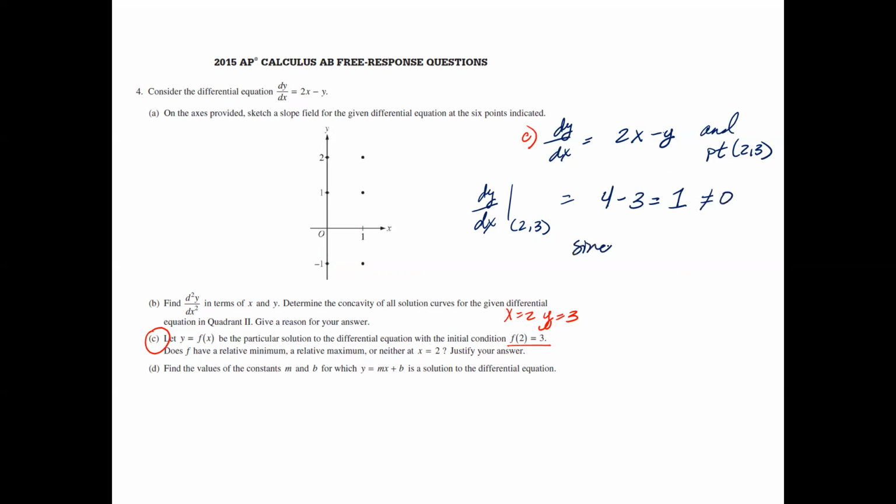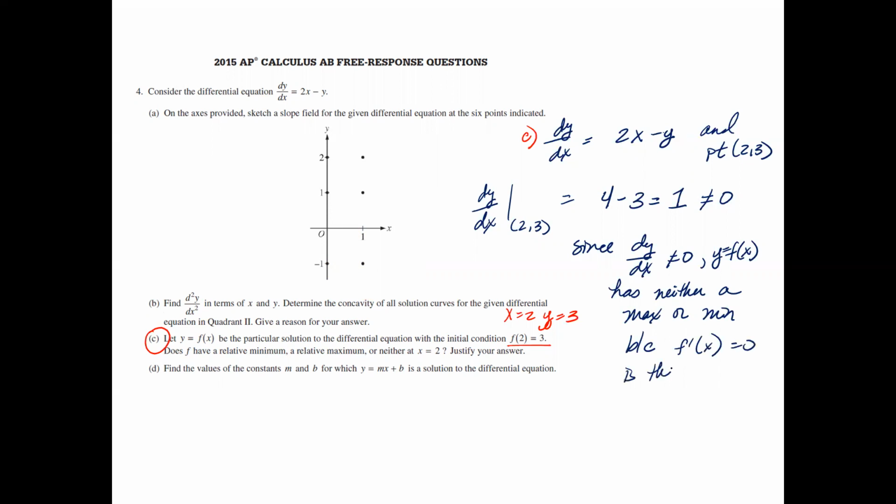So what you can say is, since dy over dx is not equal to 0, y equals f of x has neither a max nor a min, because the first derivative equal to 0 is the critical point to test for max and min.